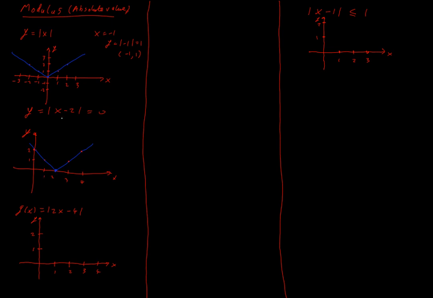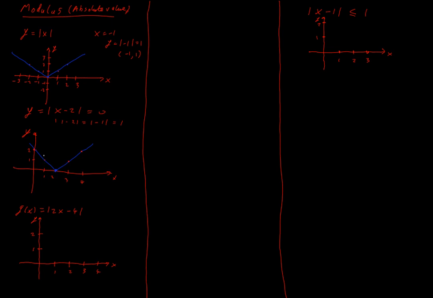When x is 3, y would be 3 minus 2, which is 1. So y ends up being the absolute value of 1, which is just 1. But when x is 1, we'd have 1 minus 2 equal to the modulus of minus 1, which would also equal 1.